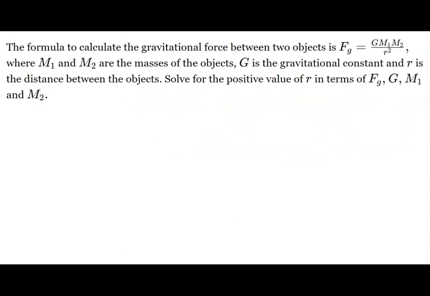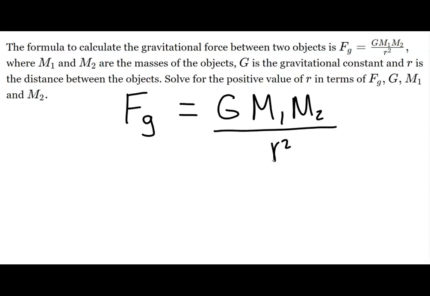So let's write this formula out. The fact that it's for the gravitational force between two objects really doesn't matter if you understand what the formula is. You simply need to be able to read it and identify the operations. So if we want to solve for r, then that means I need to understand that g is multiplying m1, which is multiplying m2, which is dividing by r squared.